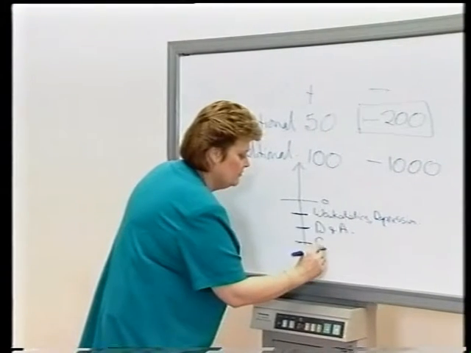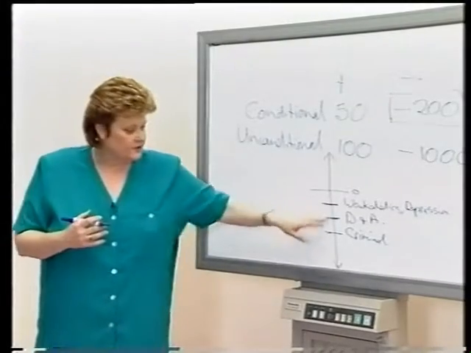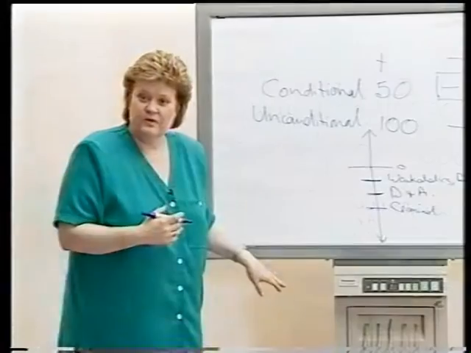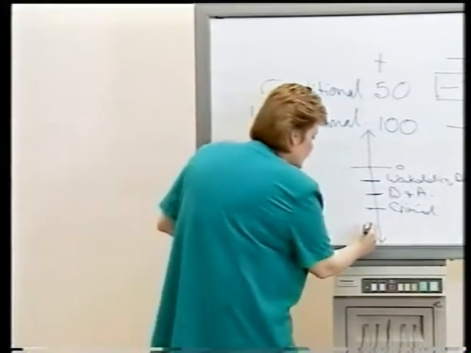A bit further down, criminal behaviour and delinquent behaviour appears, which is of course much more personally dangerous than any of these others in terms of the likelihood to end up in prison, which is then taking over your freedom.